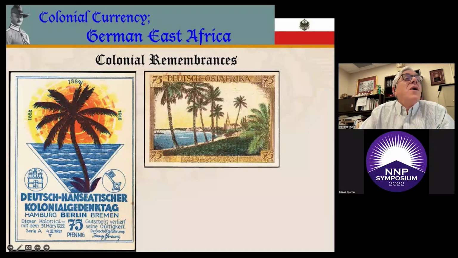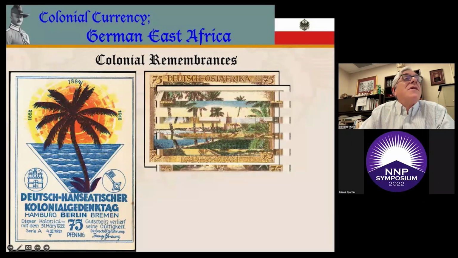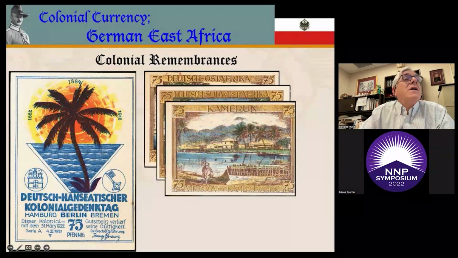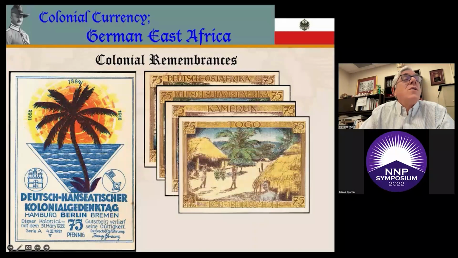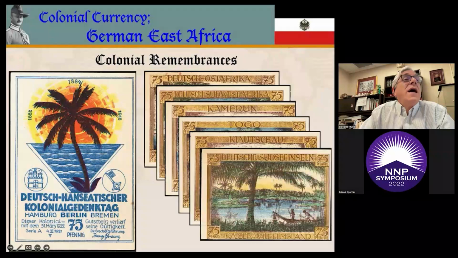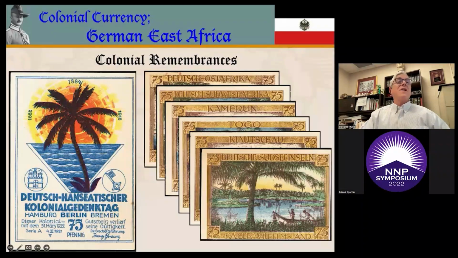So you have one for each colony: Deutsch-Ostafrika, Südwestafrika, Namibia, Cameroon, Togo, also in that area, and the colony in China, Tsingtao, and Deutsche Südsee Inseln, which is the South Sea Islands, the Pacific.